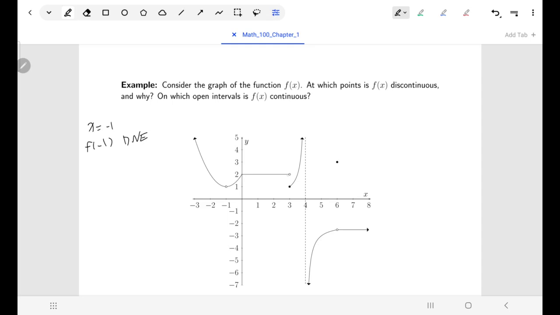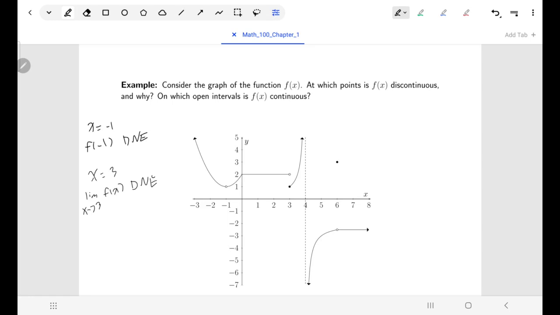On the one side, it's approaching 2, and on the other side, it's approaching 1. So I would say the other discontinuity we've got at 3 is because the limit as x approaches 3 for our function does not exist.